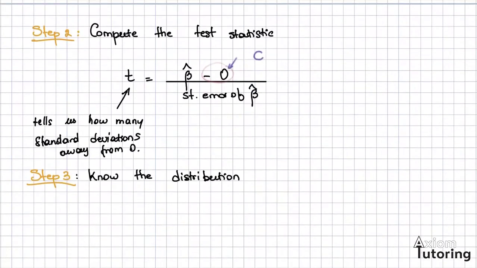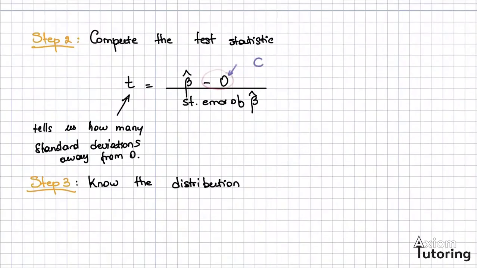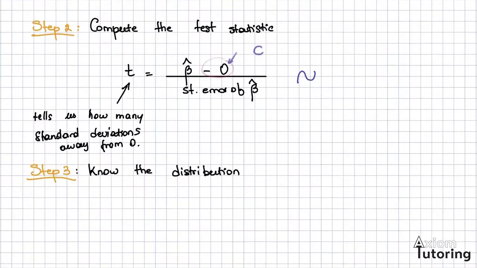The next step, and that's why I've put it so close to step 2, is that once you calculate the t statistic, you continue by also identifying the distribution of this test statistic. So step 3 is identify the reference distribution, or basically know the distribution under the null hypothesis, which is why in some textbooks, with this sort of notation, you'll see it written under H null.